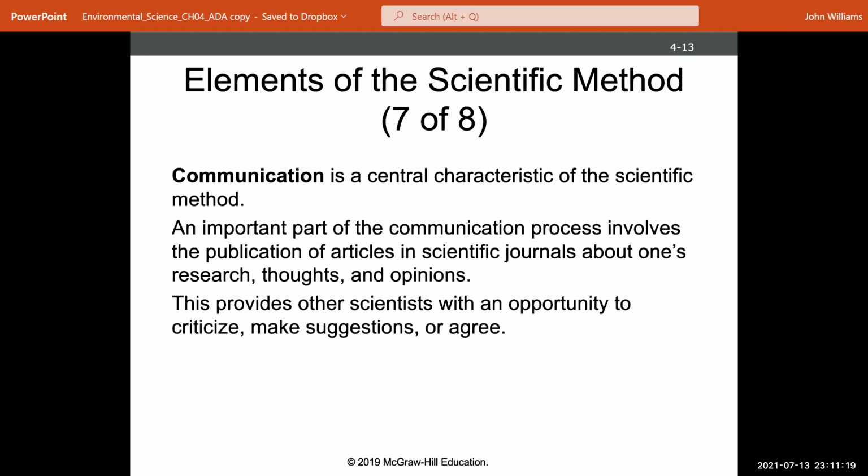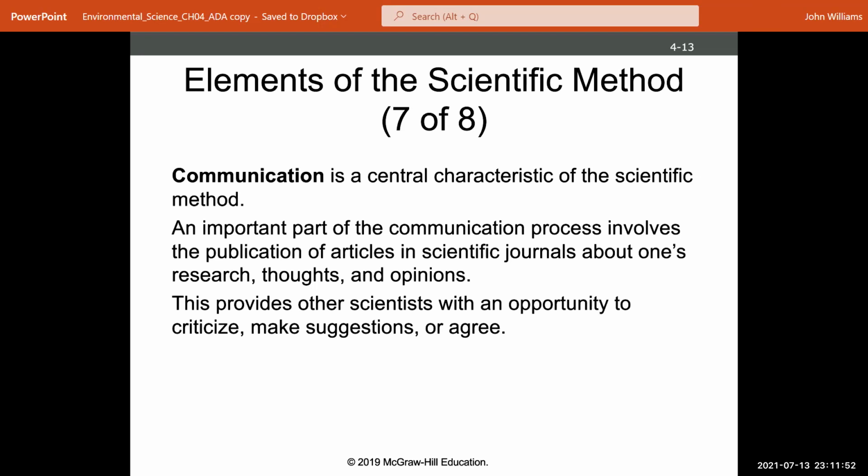And so that's where communication really comes in terms of the scientific method and how we get this information to the public. So public understanding is a big issue, like I just showed with the whole theory versus hypothesis and scientific law. But it's also important to get our research out to the public world, and we do this through the publication of articles in scientific journals.